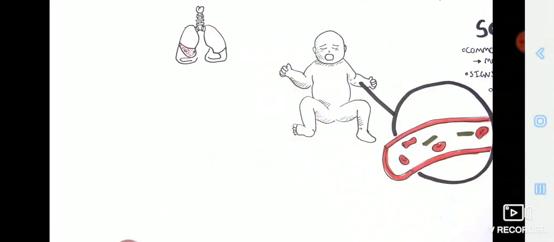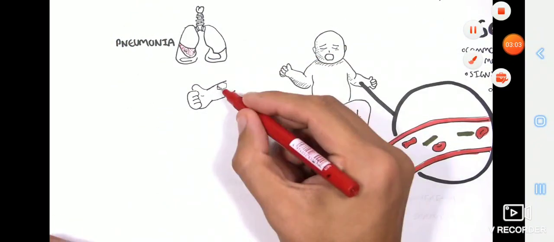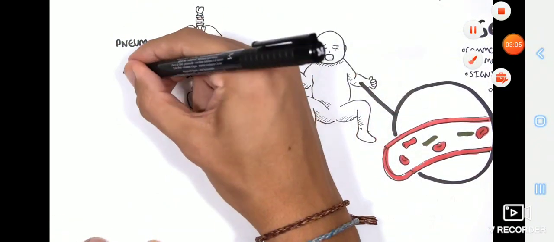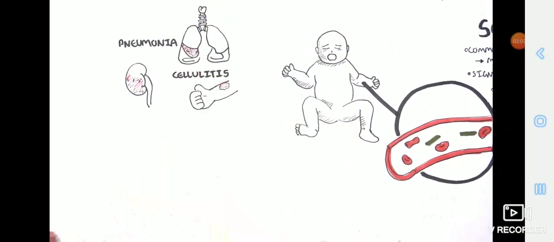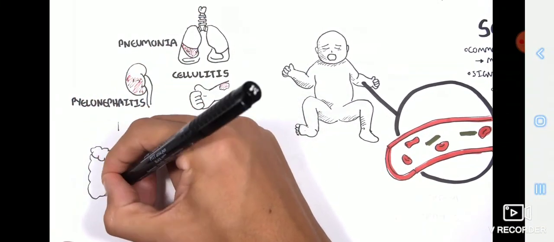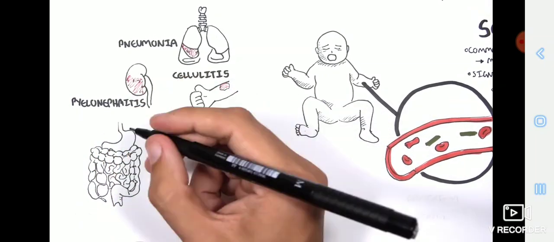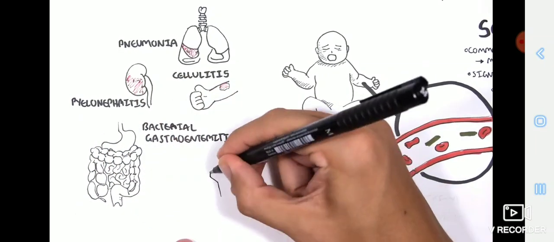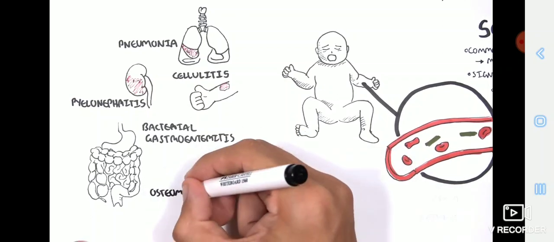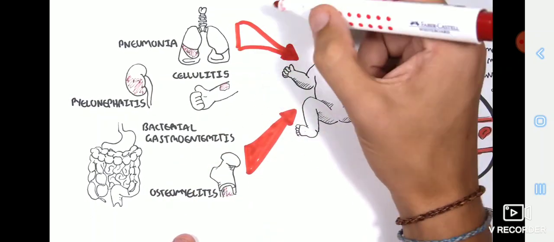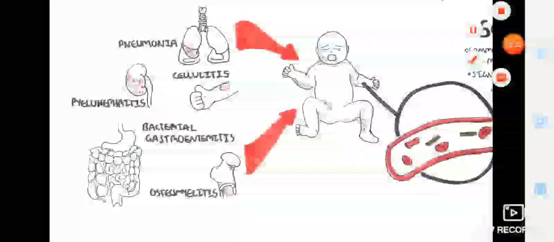So the primary infection occurs somewhere in the body, such as the lungs, where you get pneumonia, skin, cellulitis, urinary tract infection from pyelonephritis, gastroenteritis, or from the bones, osteomyelitis. All these primary infections can lead to dissemination of that bacteria, causing sepsis.